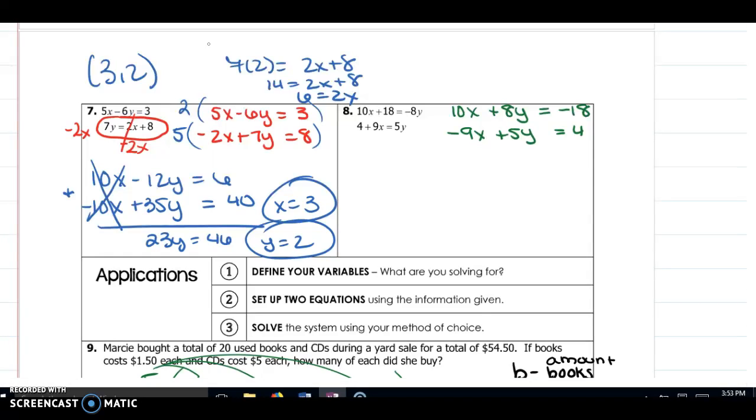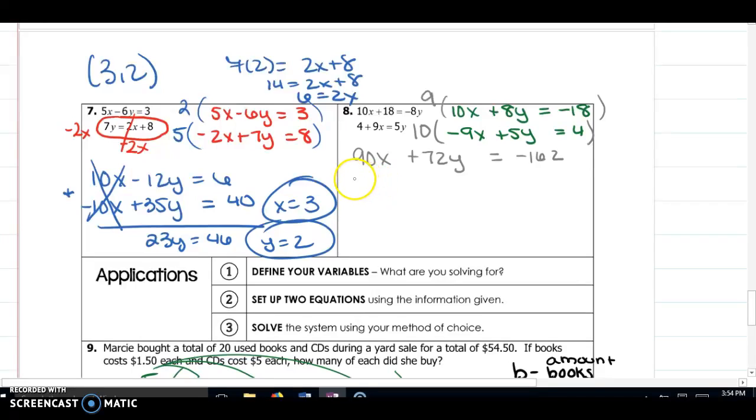So I'm just going to multiply the top by 9 and the bottom by 10. So the equation becomes 90x plus 72y equals negative 162.